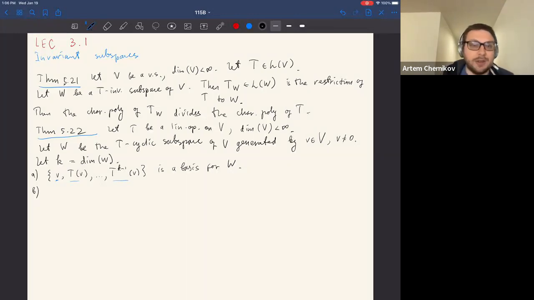And given this basis, we can also determine the characteristic polynomial, okay?